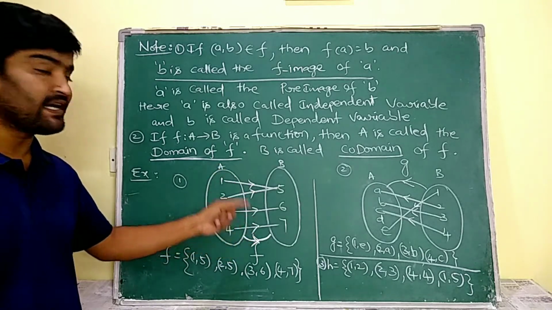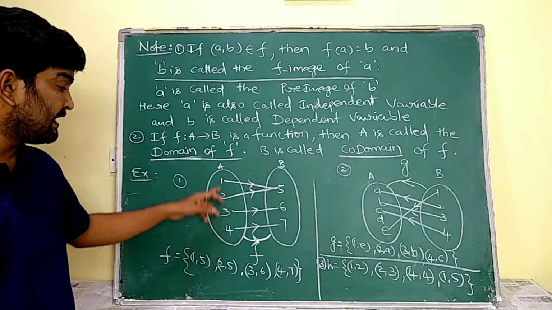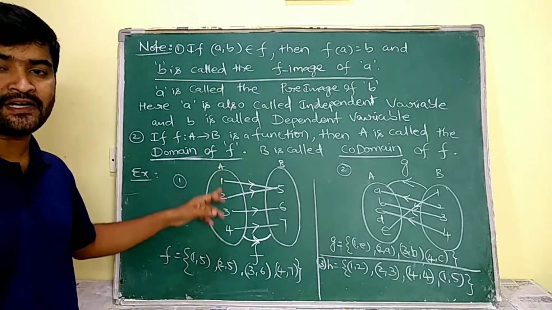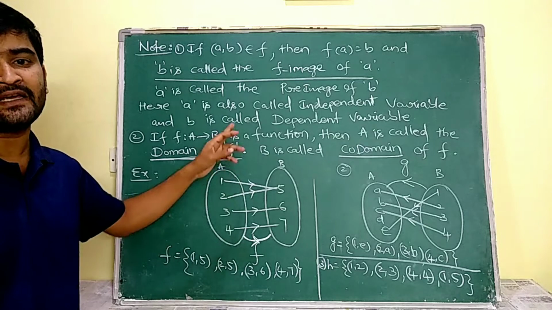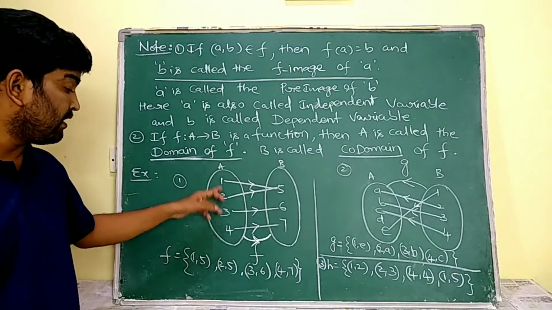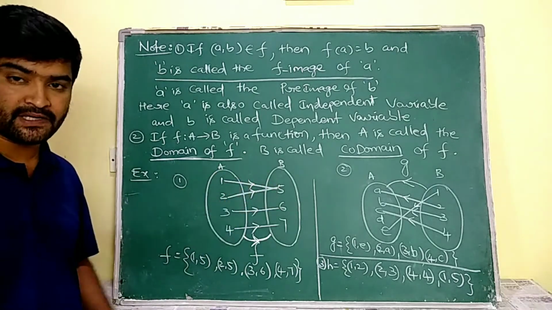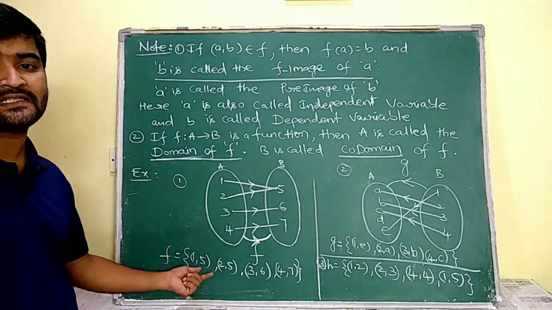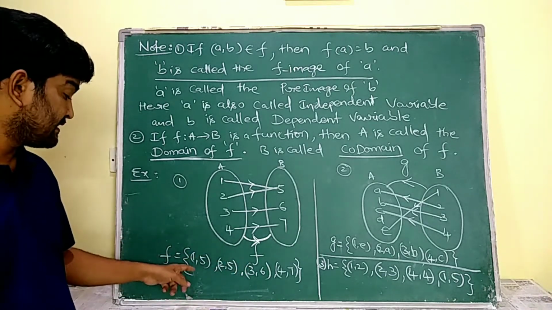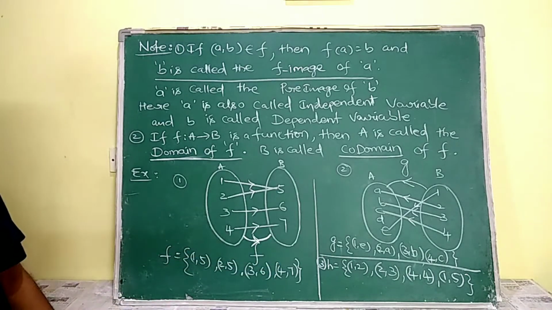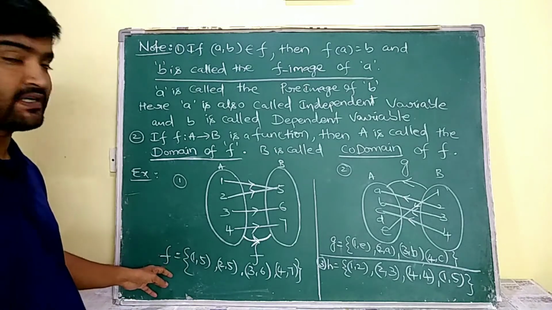The relation F is a function because each element of A has exactly one mapping in B. All the elements of A are mapped to B, and there are no two ordered pairs with the same first coordinate. Here the first coordinates are 1, 2, 3, 4. So this is a function.